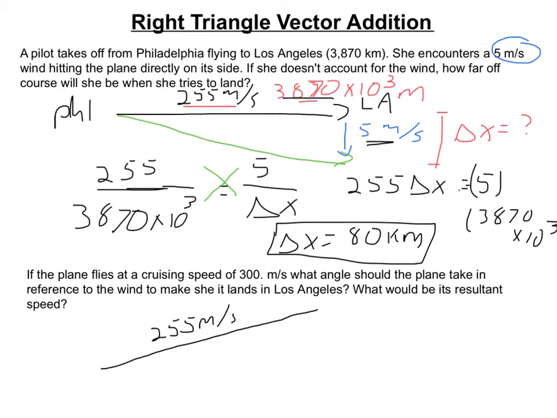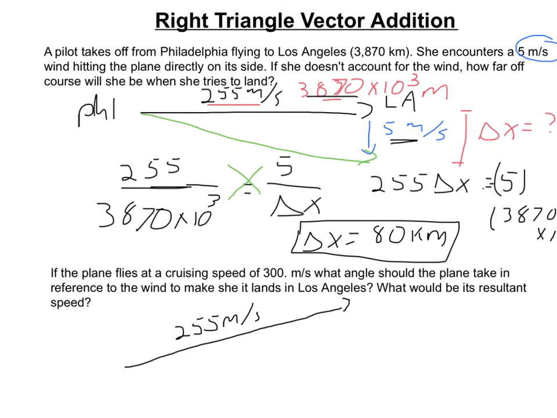So the plane now is going to turn up into the wind, flying at a cruising speed of, let's go back to what we actually are using, 255 meters per second, right? And the wind's going to pull it back down at 5 meters per second here.